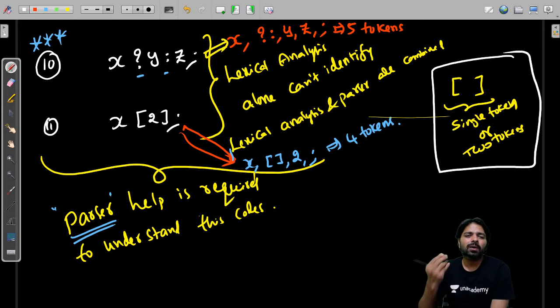Now you don't know the parser, so what will you do? Really, God knows whether it is a single token or 2 tokens. It is a single token only. I know it. The compiler knows it is 1 token only. But the lexical analyzer alone can't. Is that clear?